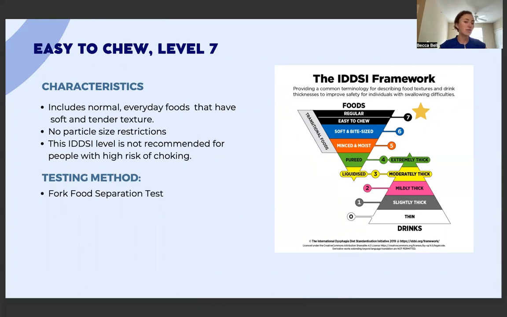There are no particle size restrictions for easy to chew level 7, but it's also important to note that this IDDSI level is not recommended for people with high risk of choking, and people should still be in the room when a person following the easy to chew diet is eating, because we still want to prevent risk of choking or aspiration. And for this, we use the fork food separation test.